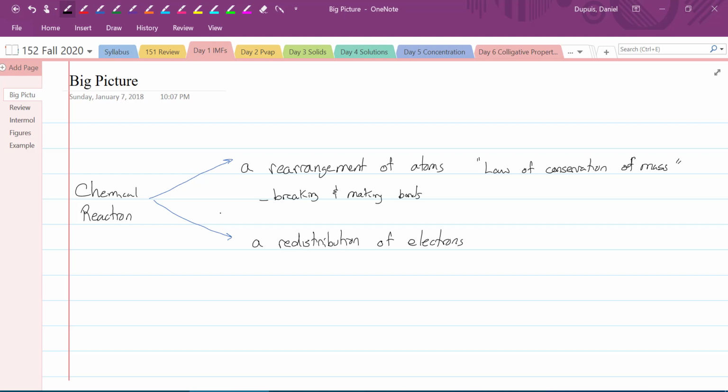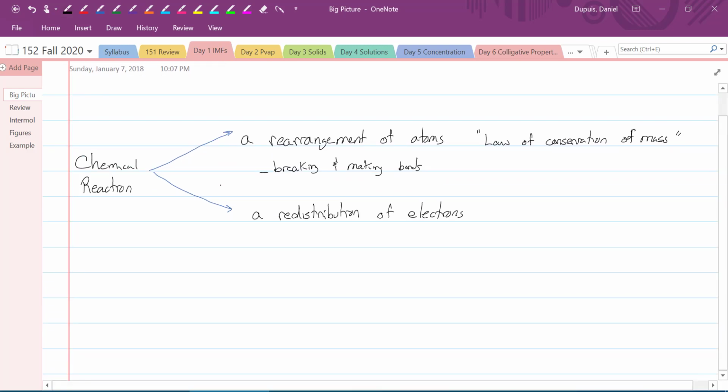And so the question then becomes, what controls a chemical reaction? What is the control of a reaction? There are two controls.